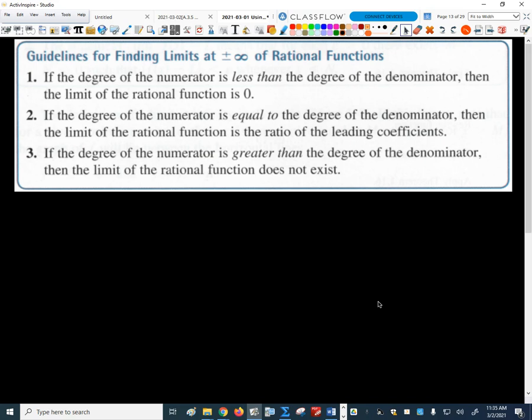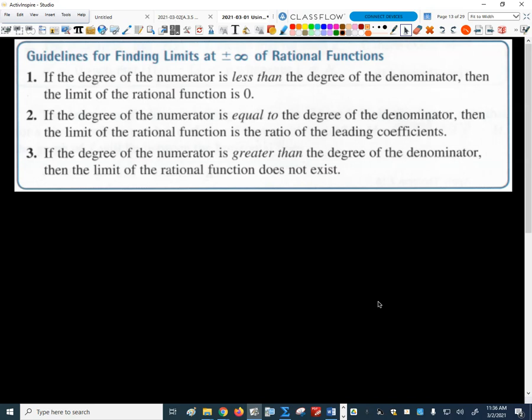Okay, quick reminder, and I'm sure you guys know this, with rational functions, remember that if the degree of the numerator is less than the degree of the denominator, when we take our limit at infinity, that's where it goes to zero, right? And we'll review that stuff when we apply it. If the degrees of the numerator and the denominator are equal, then the limit at infinity, positive or negative infinity, is equal to the ratio of the leading coefficients.